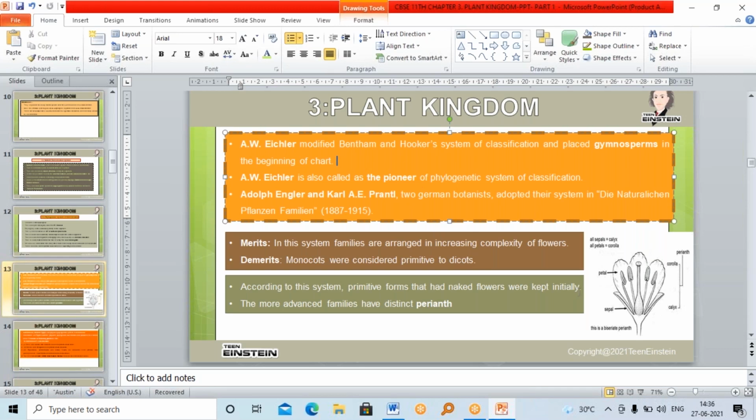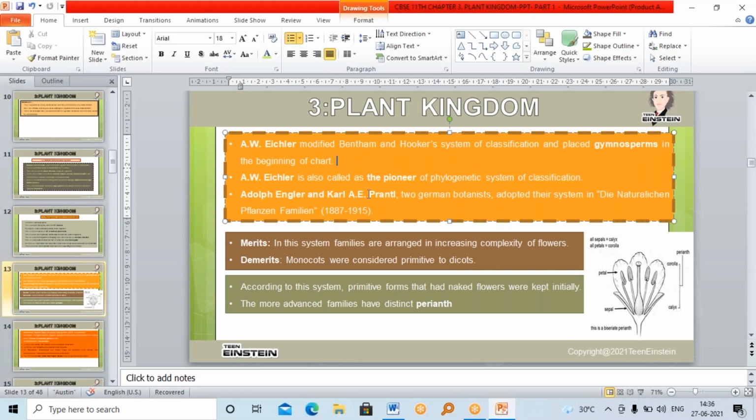A.W. Eichler is called the pioneer of the phylogenetic system of classification. His classification comes under the phylogenetic system, meaning the 3D system. He also made prehistorical studies for each organism.